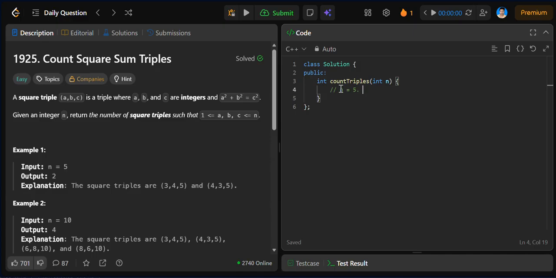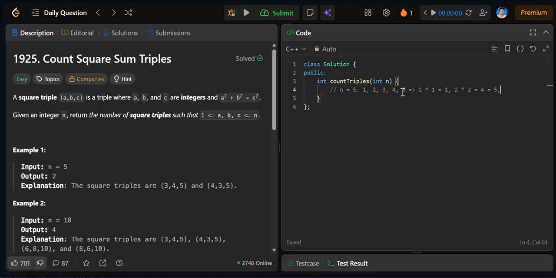With n equal to 5, I just have to consider 1, 2, 3, 4 and 5. In that we have to take two numbers whose squares add up to the square of the third integer. So if we pick 1, 1 into 1 is equal to 1 and 2 into 2 is equal to 4, which makes 5, right?